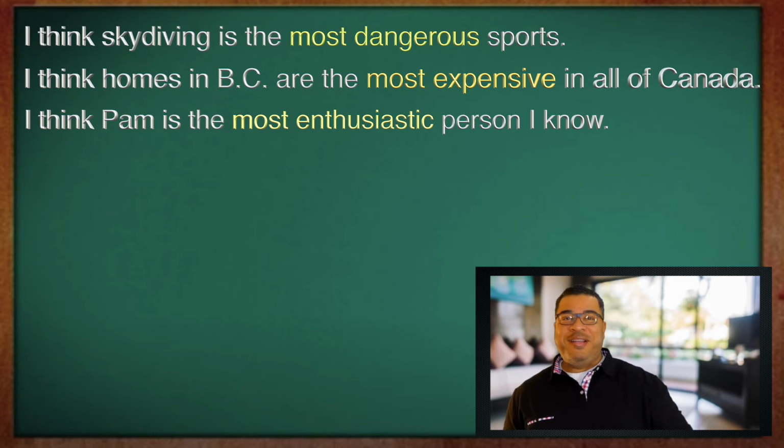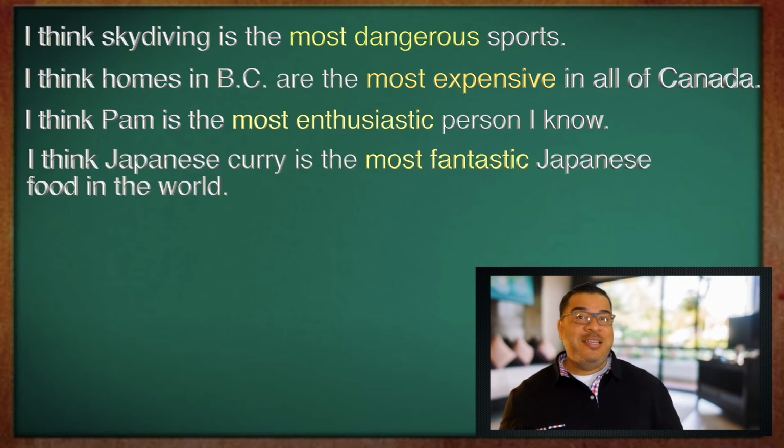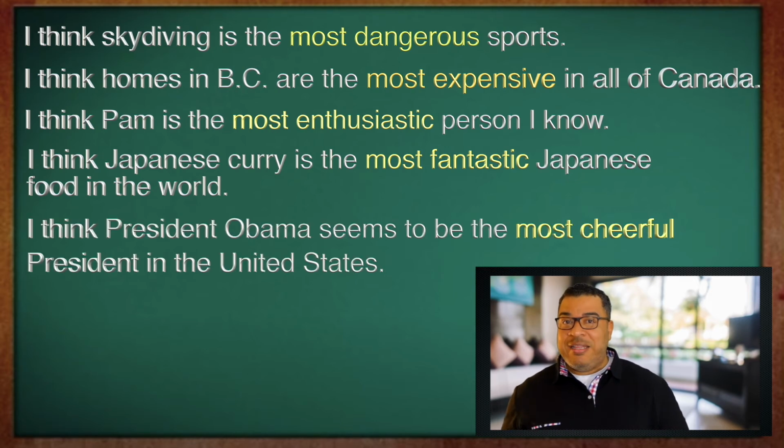Well, maybe a little bit. And number 4, I think Japanese curry is the most fantastic Japanese food in the world. Number 5, I think President Obama seems to be the most cheerful president in the United States.